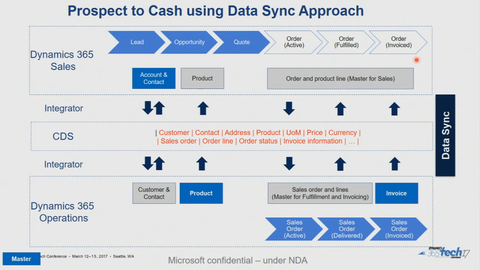When you move to a process sync, you just might want an event that says the order has shipped, or it's been delivered, or it's been invoiced, or whatever. You don't want a whole copy of the data coming back. So you just want an event. Is that kind of what you're getting at?